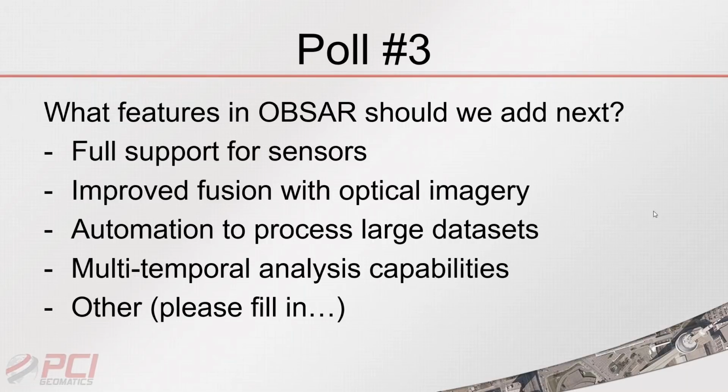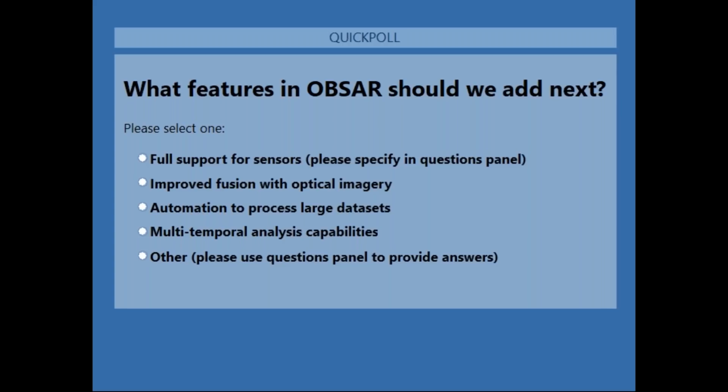I'm just going to launch the poll. So we are actively developing this software, and our development team would love to get feedback from you as to what should be next. So we're asking you, the user community, if you're using radar data right now, and if you happen to be using our tools, what should we be adding that you're not seeing or that's difficult to do right now?